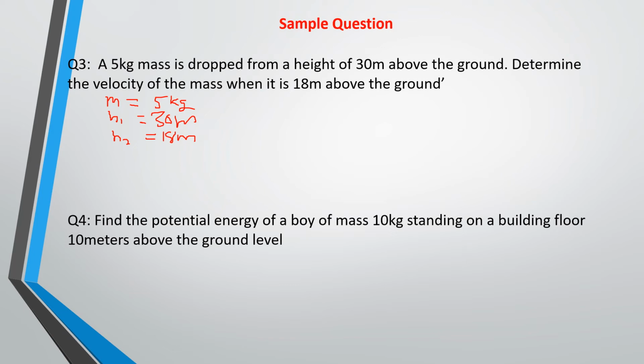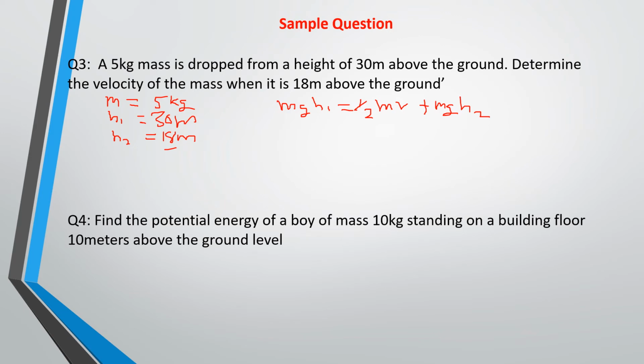So you have that the potential energy at height 30 meters will have been converted at 18 meters to the kinetic energy at that height plus the potential energy at that height H2. If you have this, you can easily solve for this velocity.